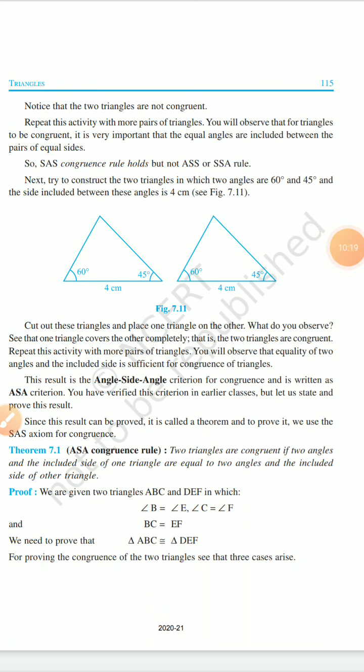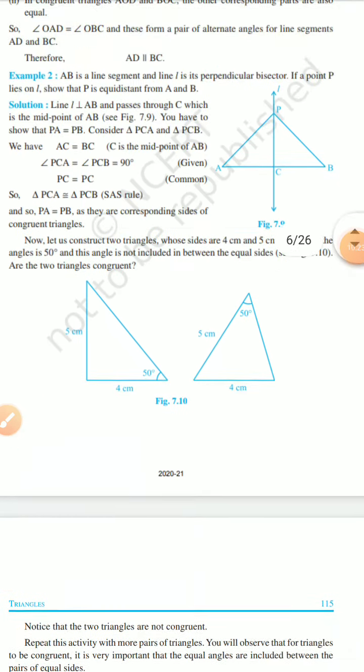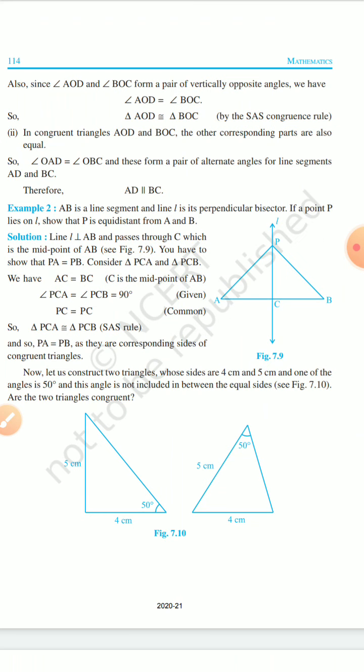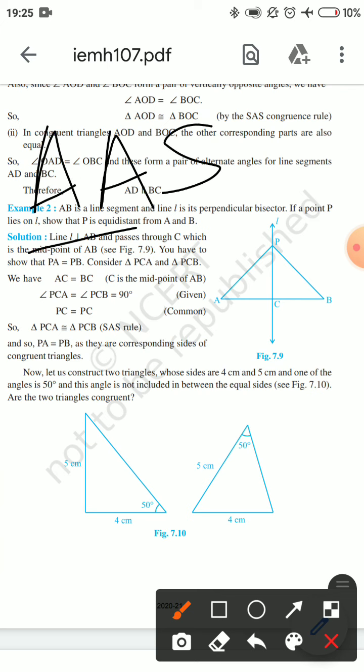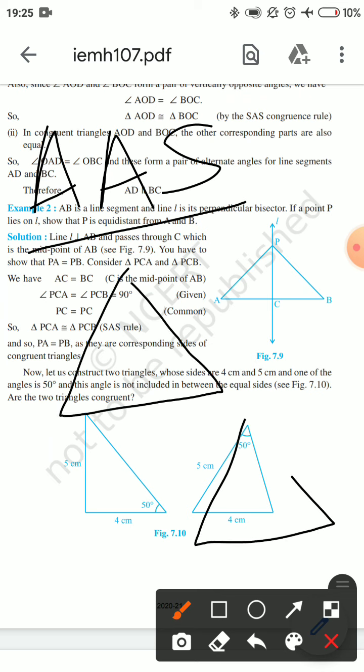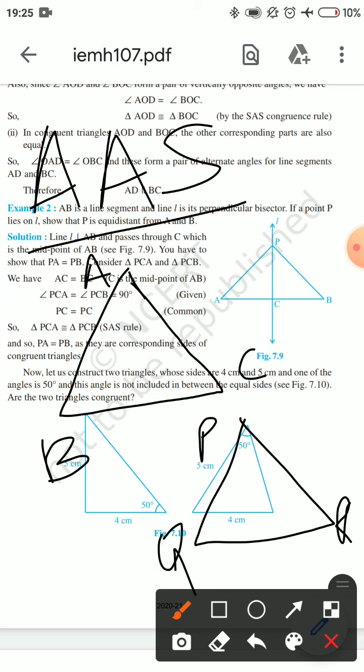Now let us move on to the next congruency criteria, that is AAS congruency, right? In AAS congruency criteria, suppose these are the two triangles, this is A, B, C, and this side is P, Q and R, right?